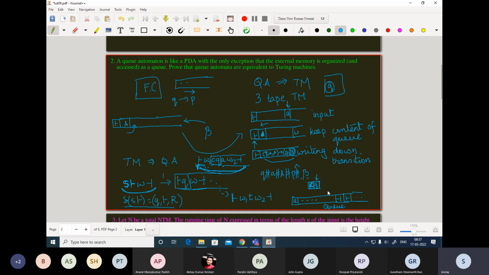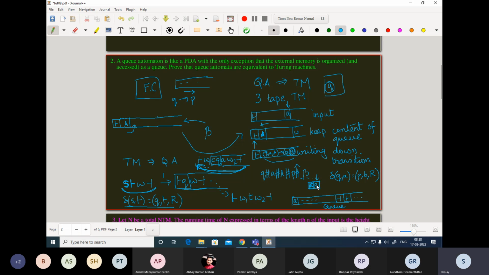Now I have given you the data structure. Now my question is, how will you simulate a right move? Suppose you are seeing delta QA is going to P, B, R. How will you simulate this?